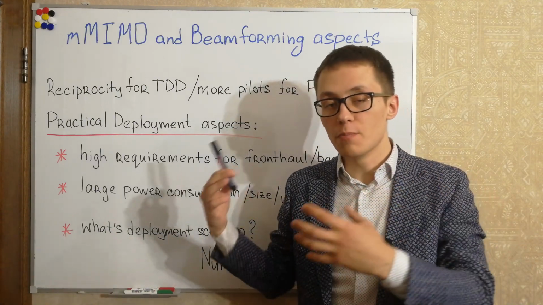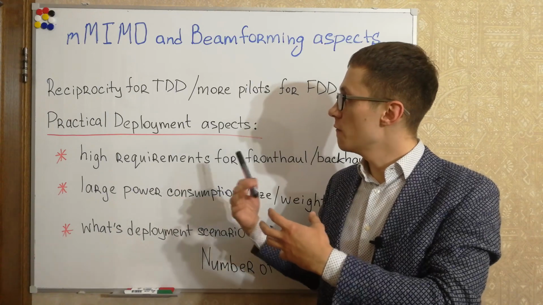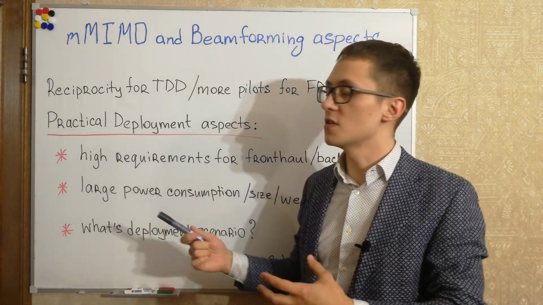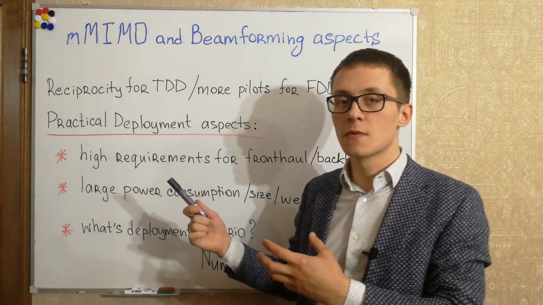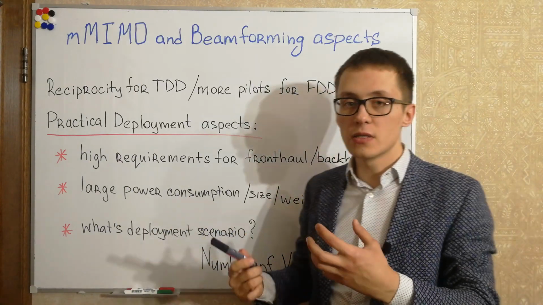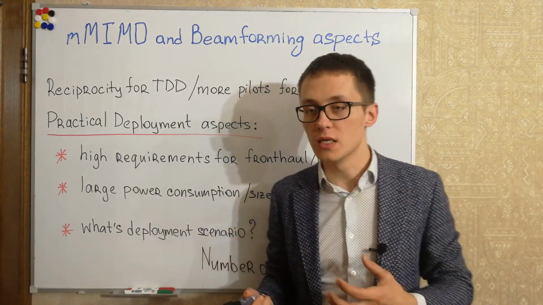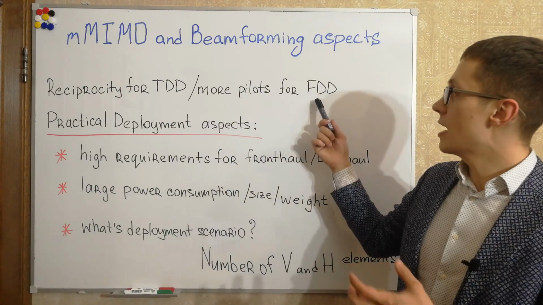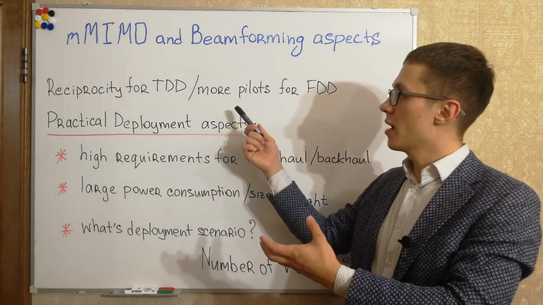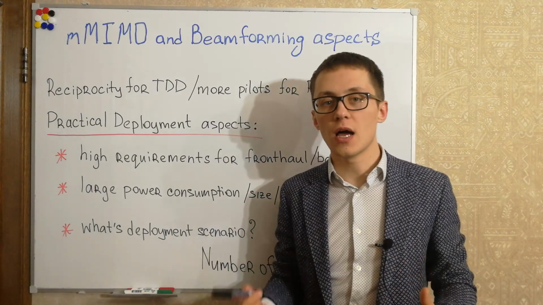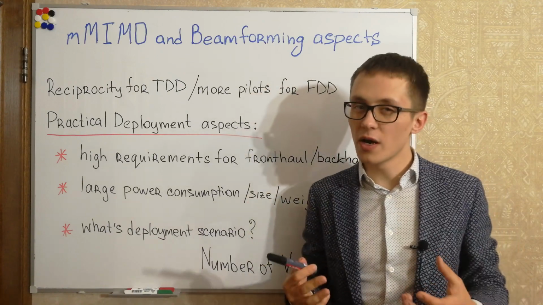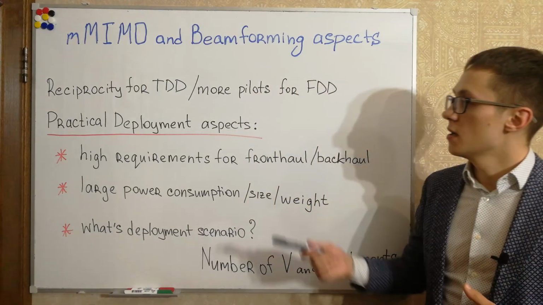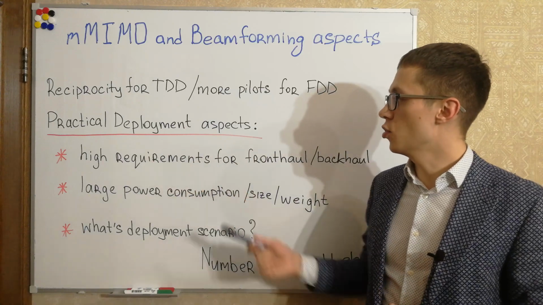This makes TDD mode very suitable for Massive MIMO and beamforming techniques, because you don't need many pilots in this case. And at the same time, for FDD you need more pilots, at least two times more, and this can be quite a complicated task.